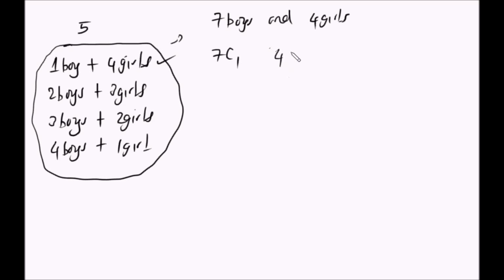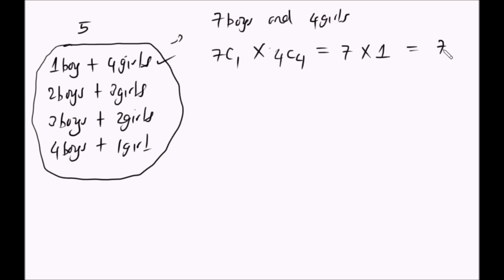It's 4 combination 4. So in case 1, in total we have 7 combination 1 times 4 combination 4. 7 combination 1 is 7, and 4 combination 4 is 1.